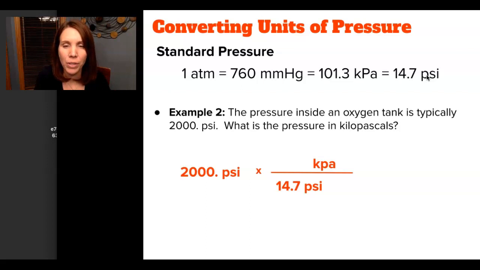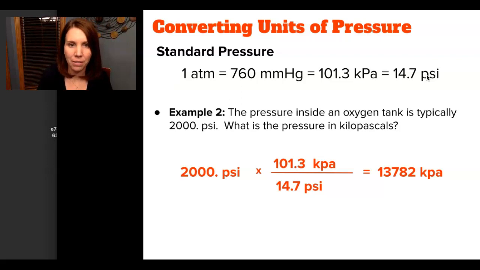I know that 14.7 pounds per square inch is the same thing as 101.3 kilopascals. I'm going to type this into my calculator as 2000 times 101.3 divided by 14.7, and I get 13,782 kilopascals. All right, guys, time for some practice.